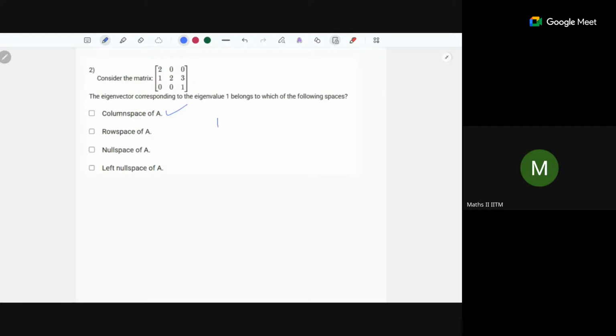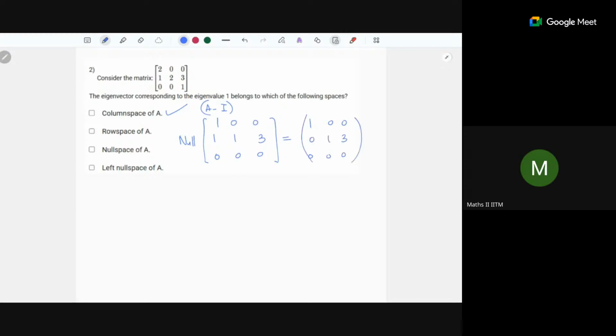Yeah, so let's look at the eigenvector. It is 1, 1, 3, 0, 0, 0, right? This would be A minus I. And now if you look at the null space of this, what will be the null space? It will be 1, 0, 0; 0, 1, 3; 0, 0, 0.